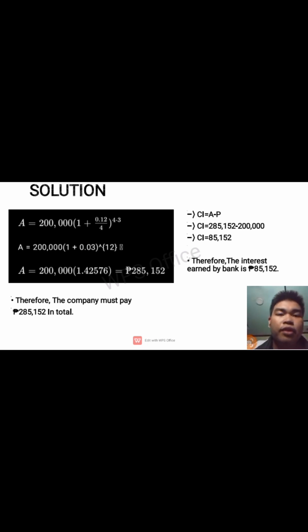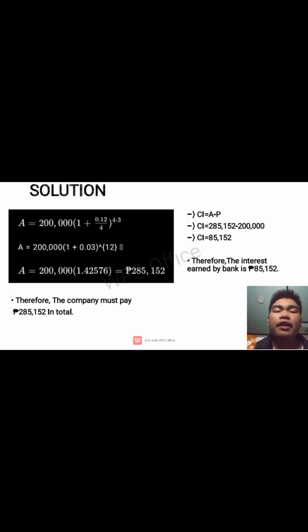Giving us 200,000. And by solving the first parts, or the edge parts over here, we get 200,000 times 1 plus 0.03 to the power of 12. And by solving this even further, we get 200,000 times 1.42576.